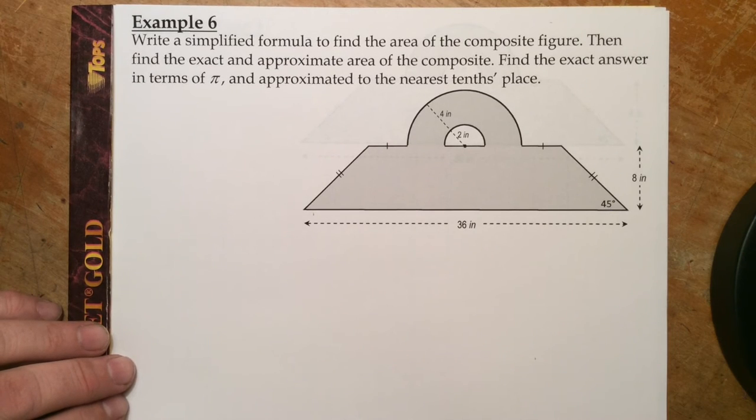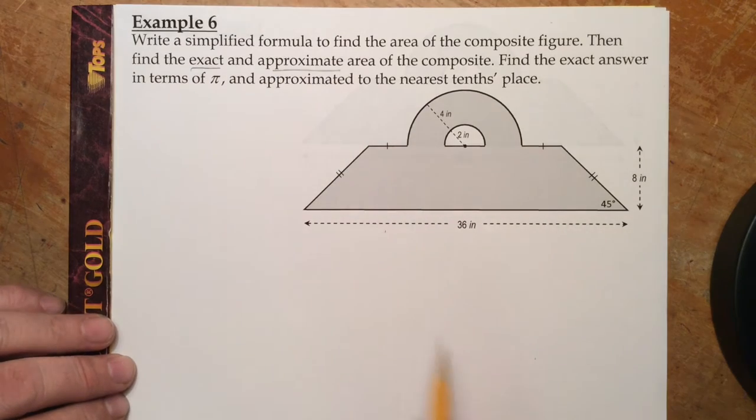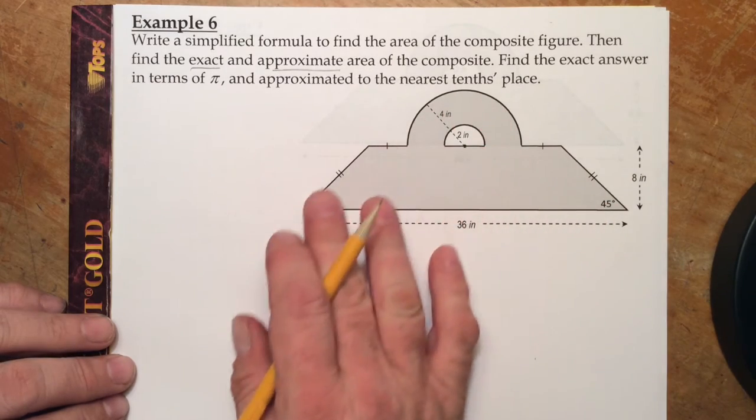Example 6. More on composite area. Write a simplified formula to find the area of the composite figure. Then find the exact and approximate area of the composite. Find the exact answer in terms of pi and approximated answer to the nearest tenth place. Okay, so we've got this particular shape here.